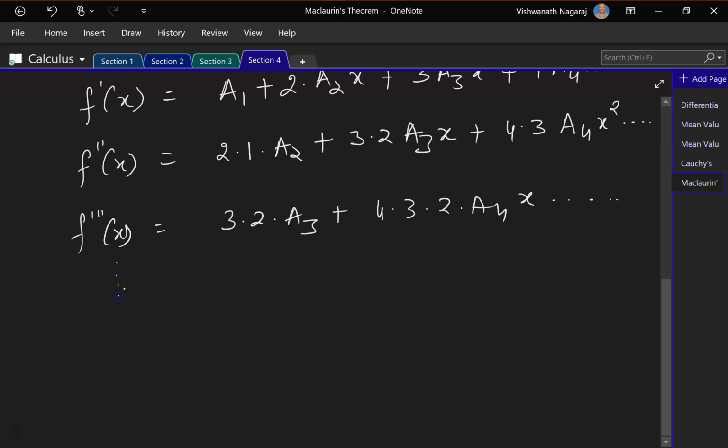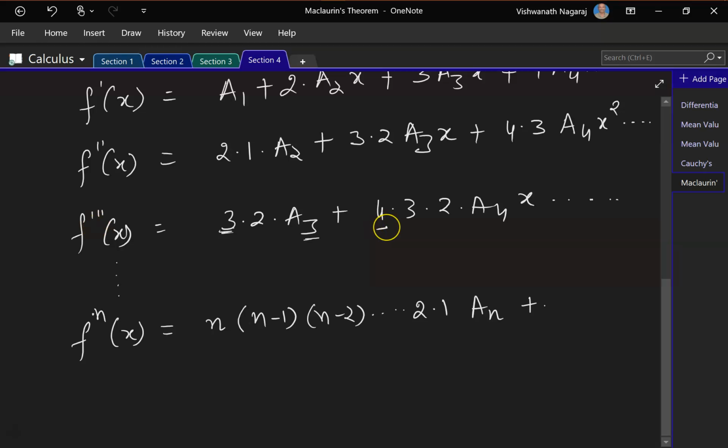So if you follow this pattern, nth derivative would be what? So n times, and then it keeps getting reduced, right? So n minus 1 times n minus 2 and so on till when? Till 2, and we can write 1. That is times an, plus say 3. Okay, next what happens? This is 3, this becomes 4.